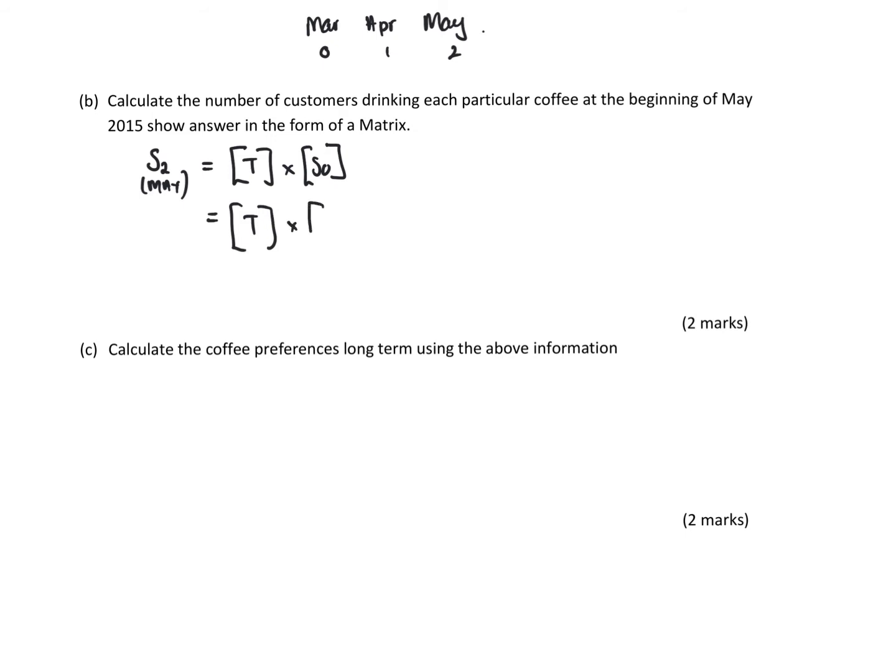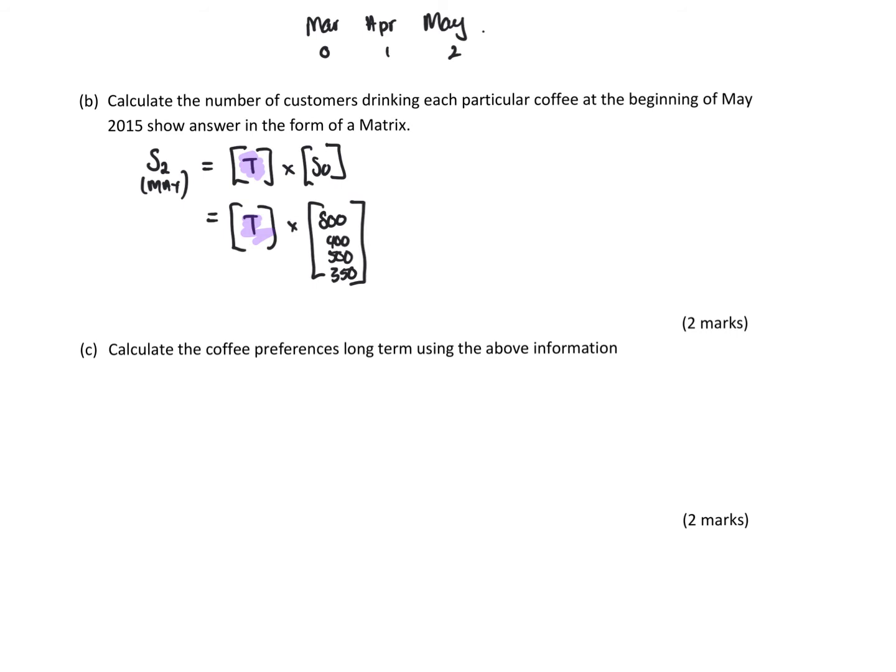S0, which they gave us, is 800, 400, 550. You don't need to write out the whole transition matrix in your SAC, you can just use T. Maybe write the S0.